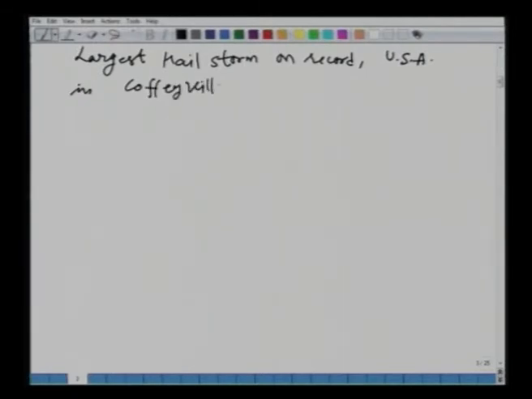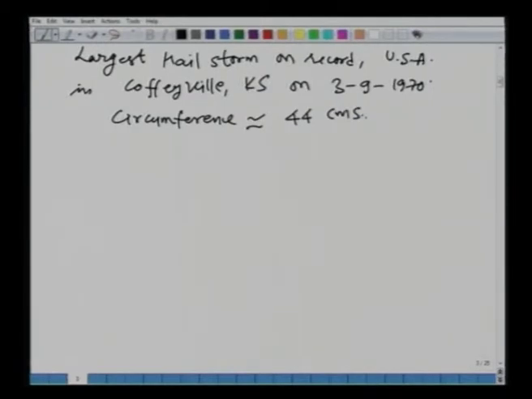Coffeyville is the name of that town in Kansas state in the US, and this hailstorm occurred on 3/9/1970, a long time ago. The ice balls or the hails that fell on that day had a measured circumference of approximately 44 centimeters, the circumference of the ice ball.